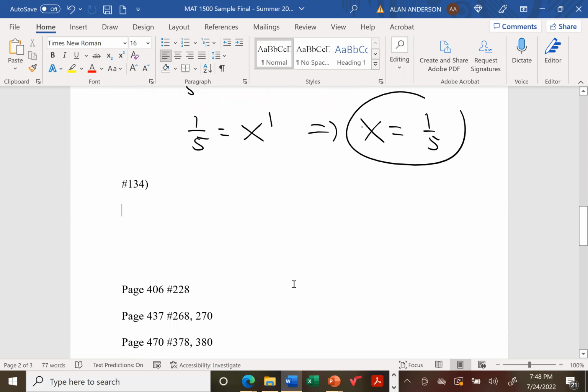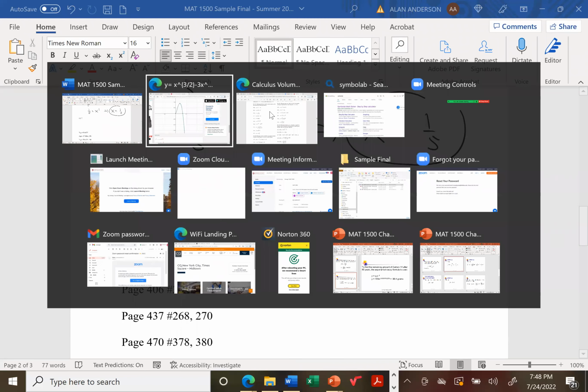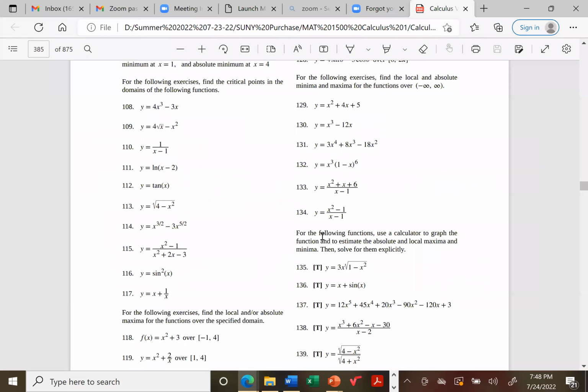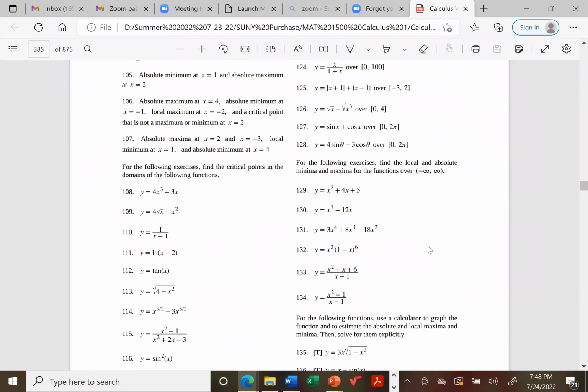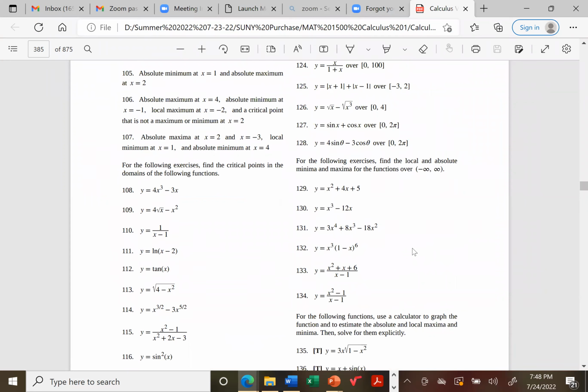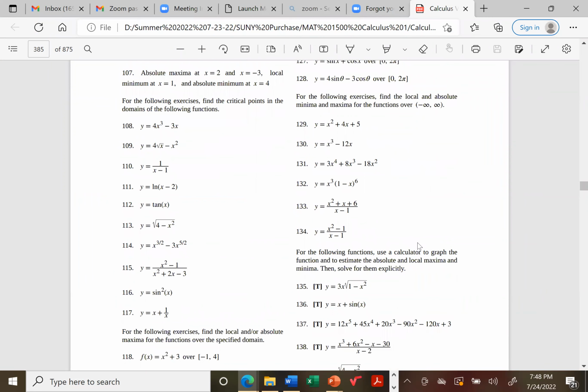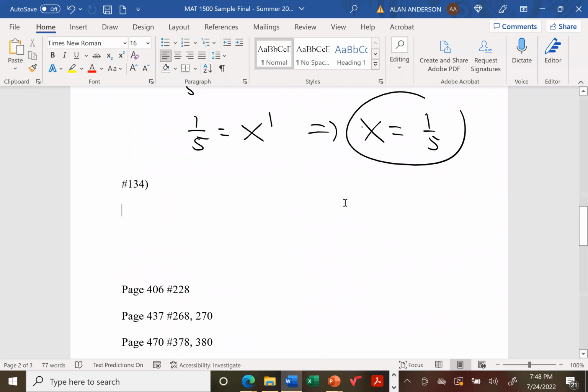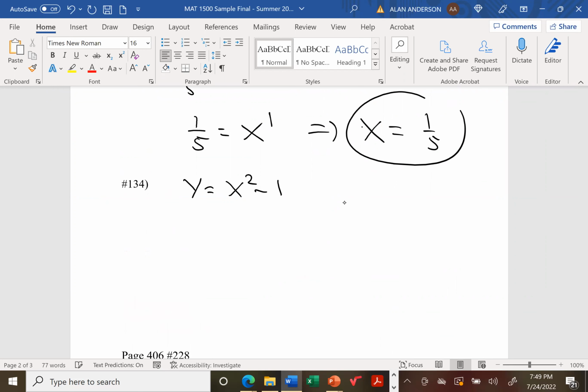Now, 134 is right here. So we're going to find local and absolute minima or maxima. So here's 134. And so the function is y equals x squared minus 1 over x minus 1.